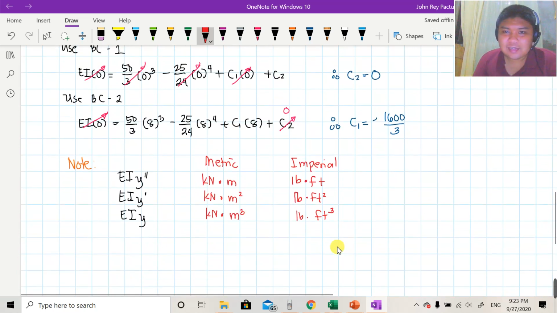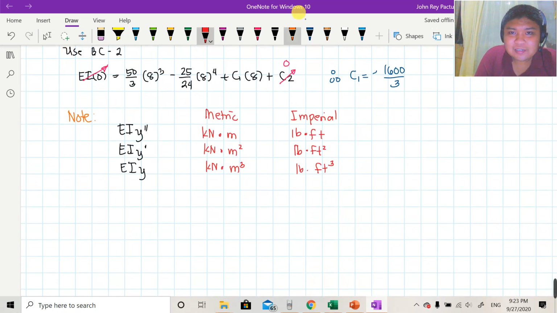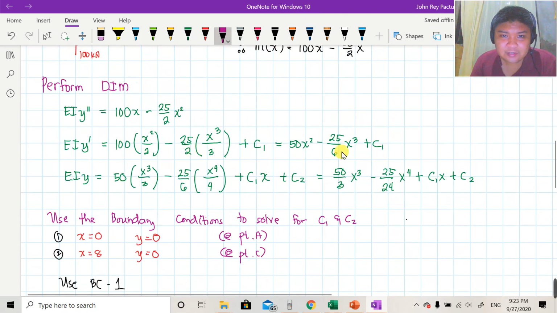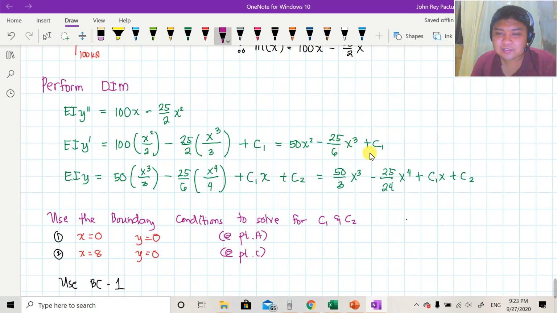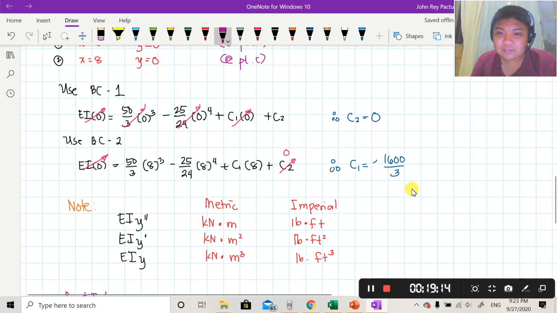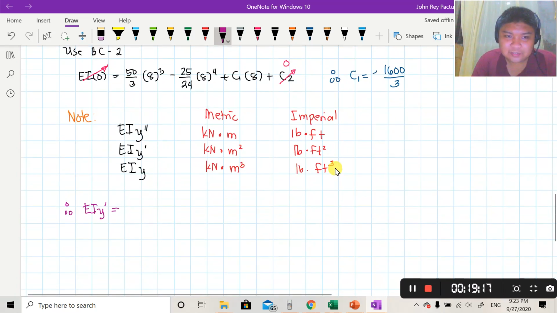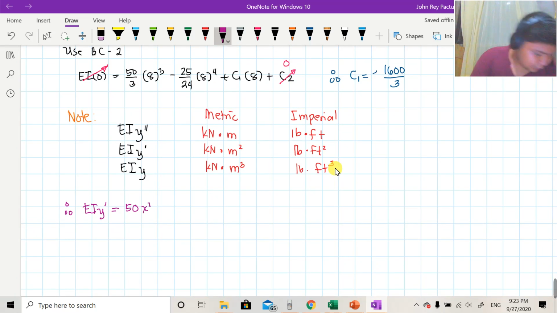So, after nun, since nahanap pala natin yung C1 and C sub 2, pwede na natin class masabi na yung EIY prime natin, so kopyahin na lang natin yun class, ito 50x squared minus 25 over 6x cubed plus c sub 1, but yung c sub 1 is negative 1,600 over 3. So sige, sulat natin 50x squared, minus 25 over 6 x cubed minus 1,600 over 3.